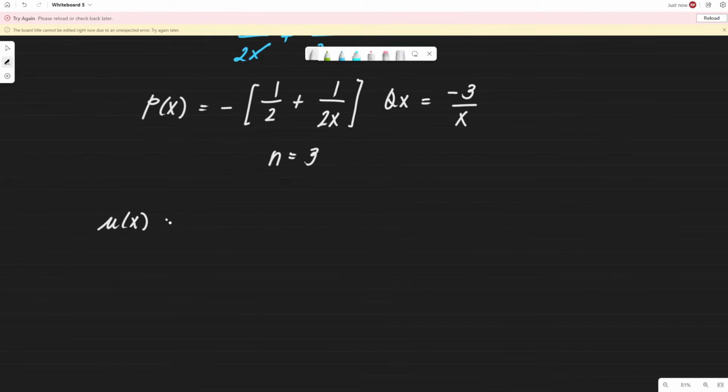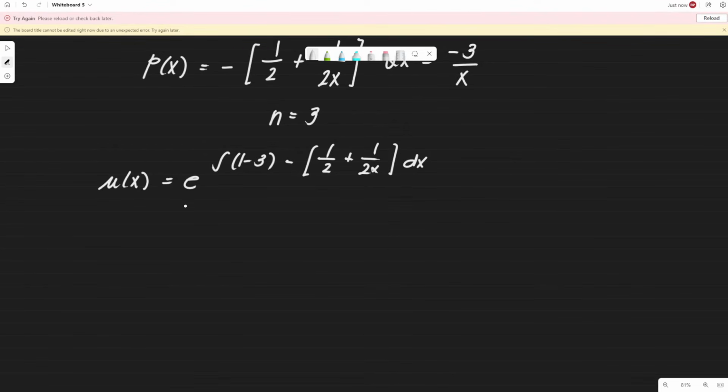So we have mu of x is e raised to the integral of 1 minus 3 times our p of x dx. So we'll have e raised to the integral of negative, this is the earlier negative, and 1 minus 3, that is negative 2, times 1 half plus 2 over x dx.